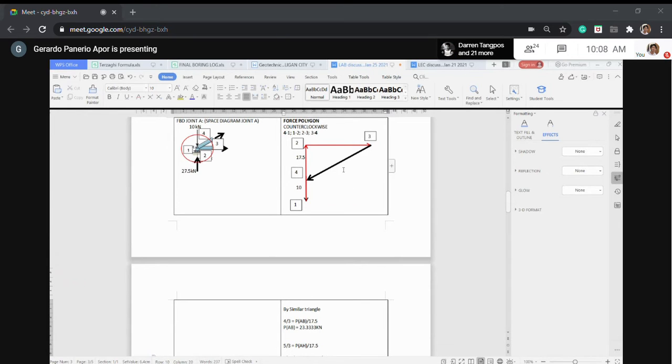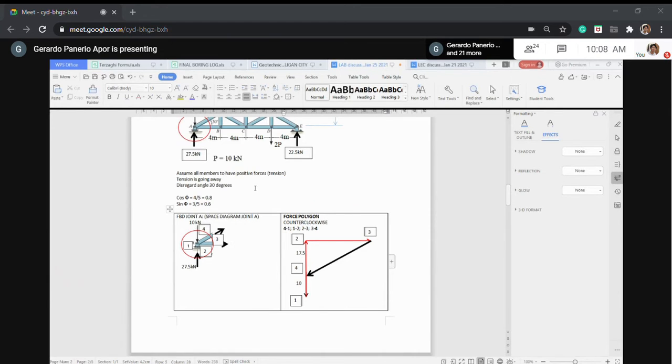Since the sign is similar to the sign here, this is tension. That's how to identify tension, because the arrow should start from where you end and start again. The arrow 2 to 3 is going to the right, and here you assumed it correctly. So EB is tension.